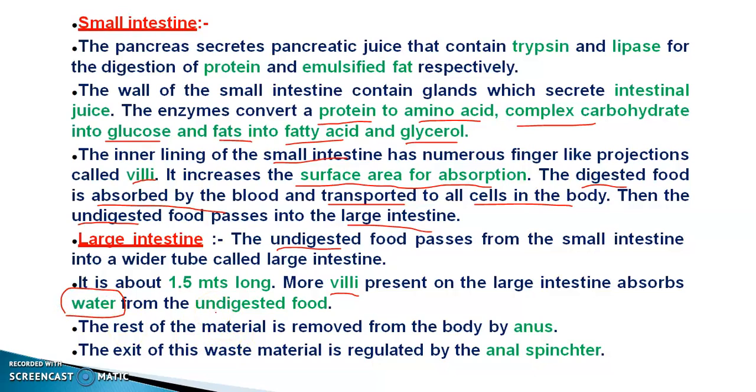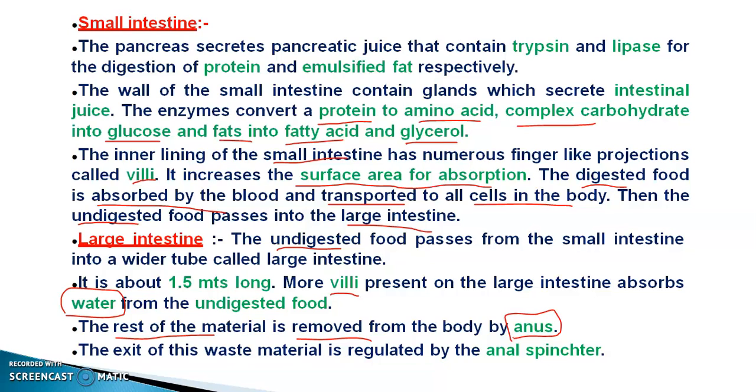Now after the complete absorption, right, the residual material is removed from our body through the ejection point, that is known as the anus. So the anus is the ejection point of the human being and the mouth is the entry point of the human being. That's why we can say the digestive system is complete.